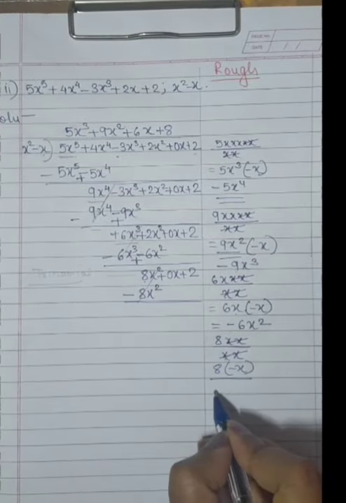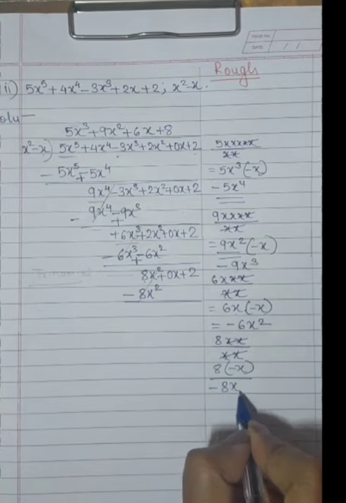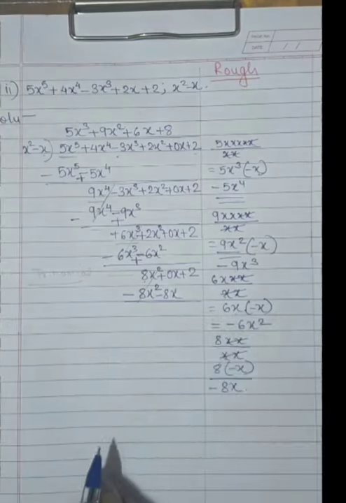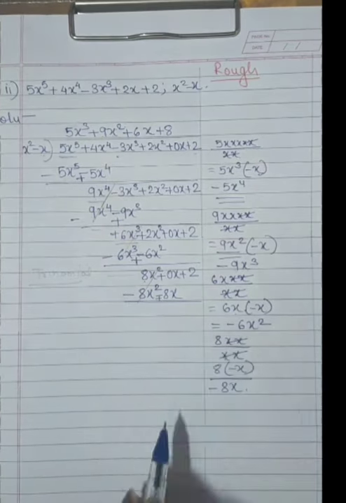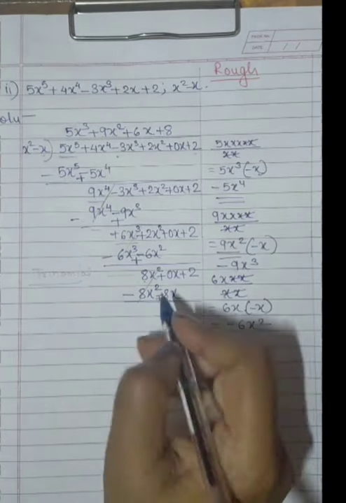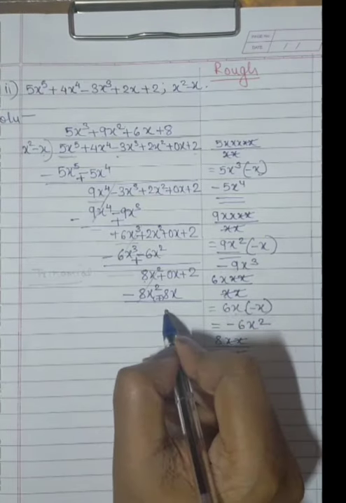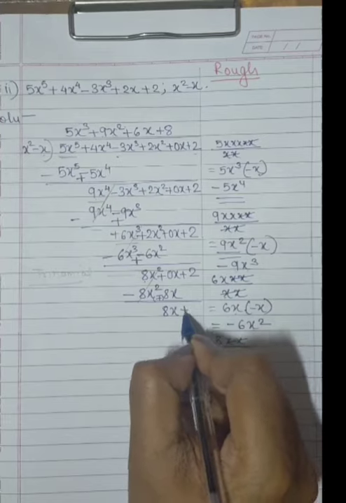Then we will get minus 8x. So I am writing here minus 8x. Again here the sign will change, plus will come. Now here we'll get 8x plus 2.